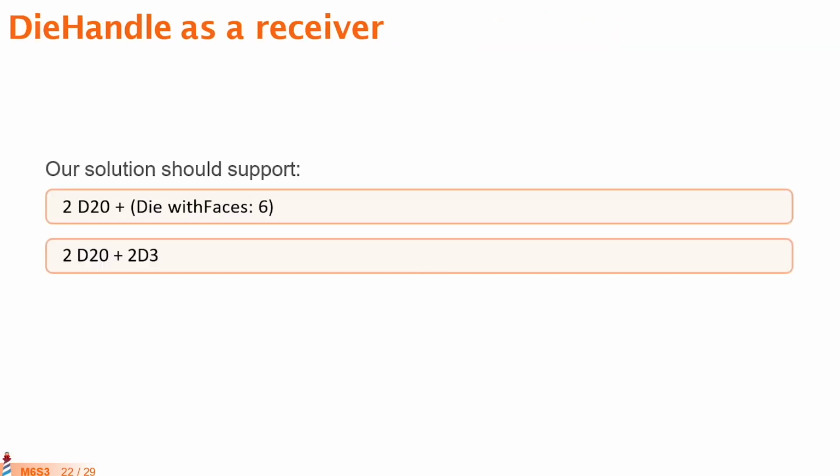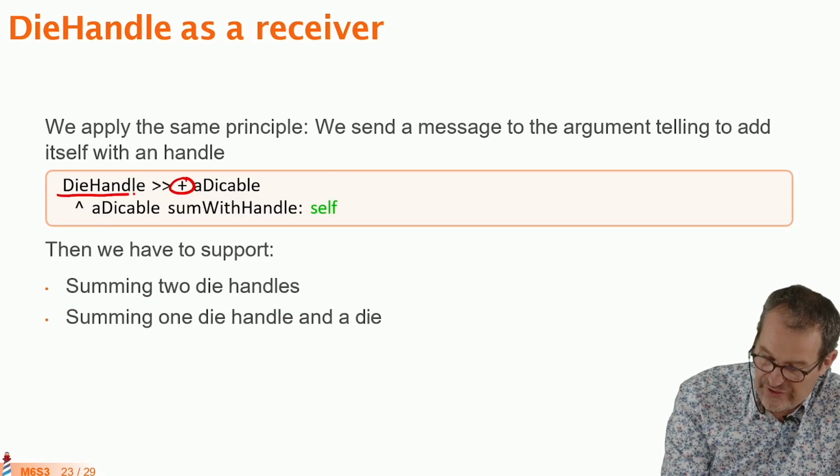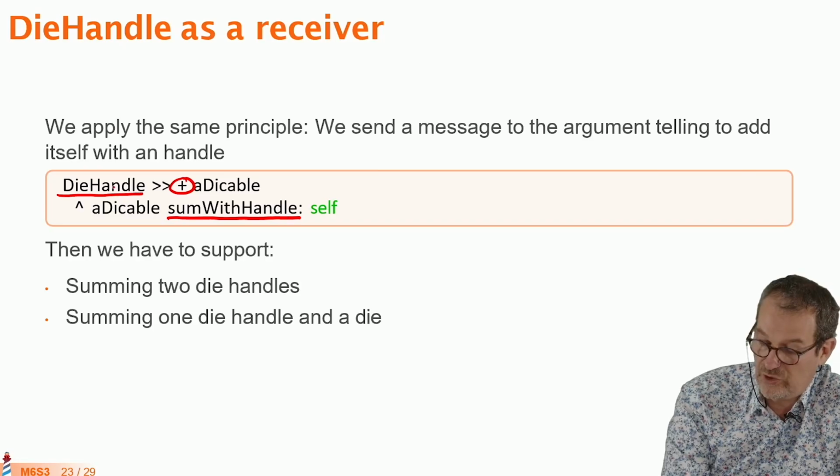Okay, now we want our solution to also accept a receiver as die handle. What should we do? We will do the same for die handle. In fact, this is just the repetition on another case. So what we will do is define the method plus on the class die handle, and now we will send sum with handle because we are in the class handle and we specify self.